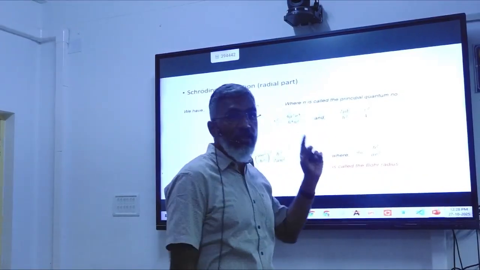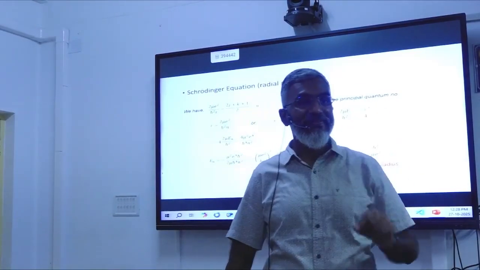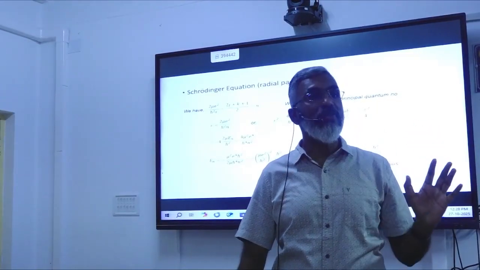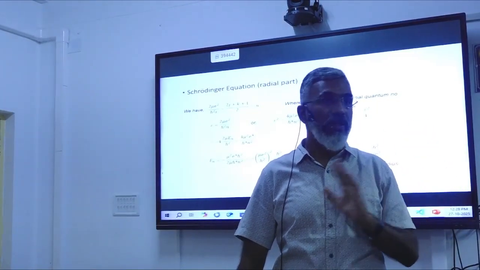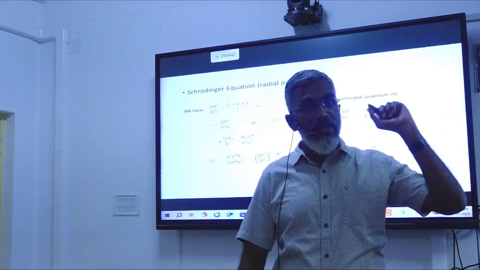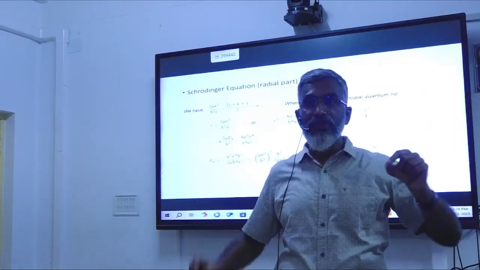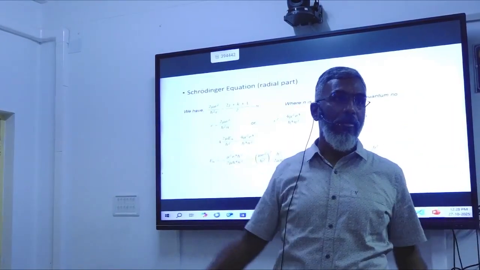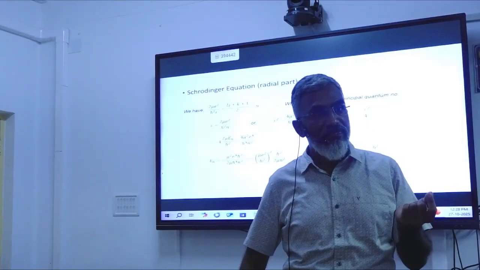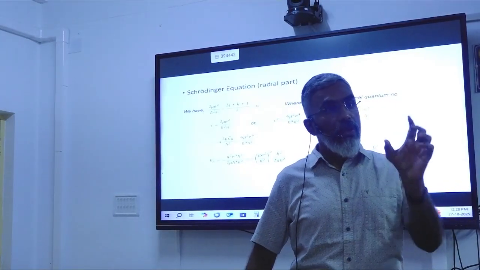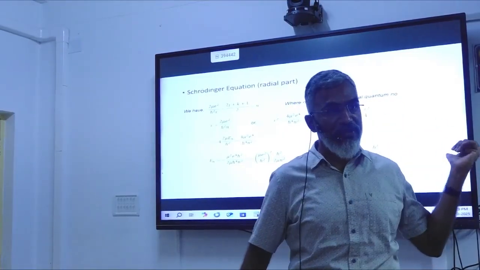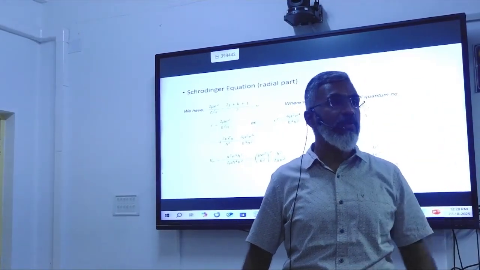If you look at the picture in the beginning, the nucleus is a point. So here we have not assumed the size of the nucleus; it's not included at all. Even if it's a heavy element, we are saying that the nucleus is a point because the electron is much farther away. So in terms of distance, you take it as the origin itself. The nuclear size is not coming into the picture. The only number of protons will come into the picture.